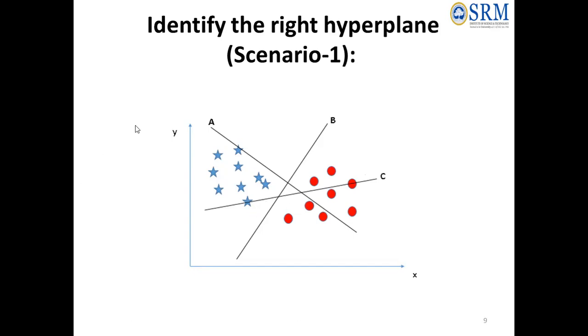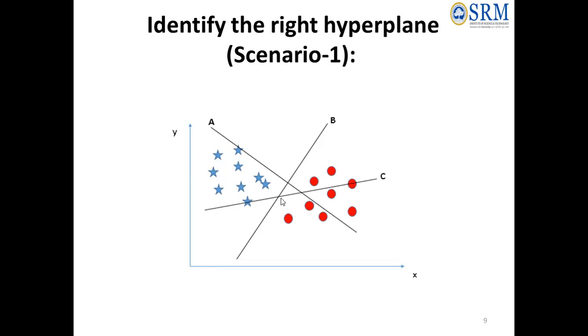C classifies the stars and rounds, but it is not properly classified because some of the red comes upper and down. So C cannot be said to be a correct hyperplane.